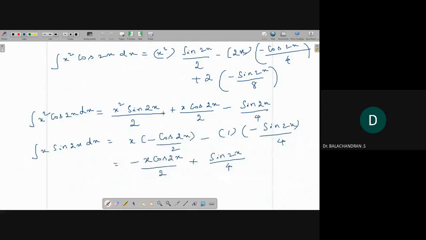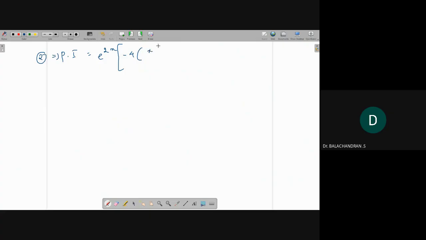So please tell these three expressions, any one of them tell. The next page I will write. Okay, x square into sine 2x by 2 plus x cos 2x by 2 minus sine 2x by 4.